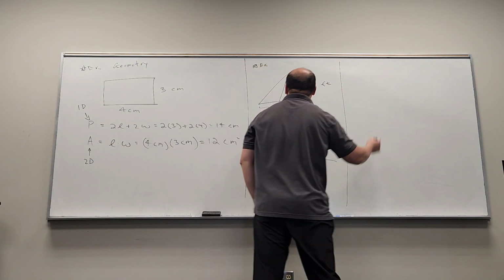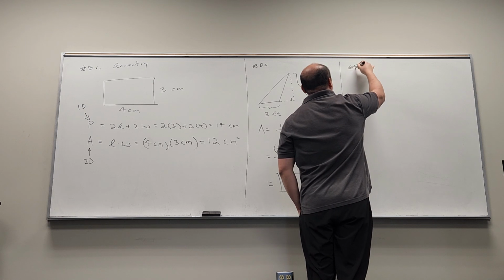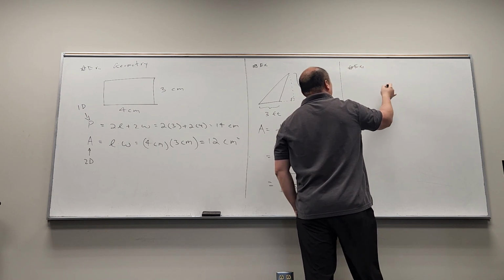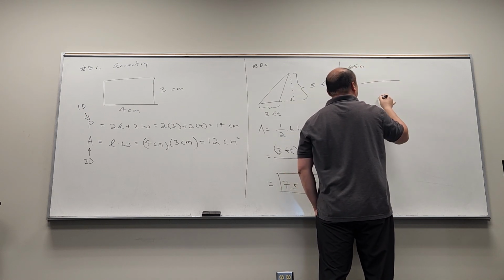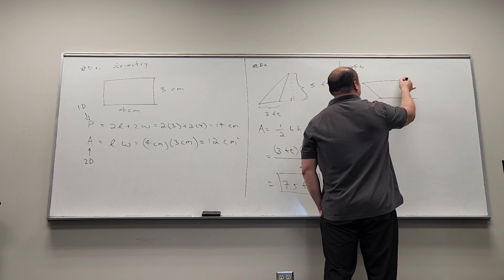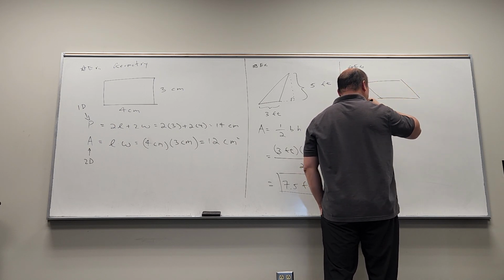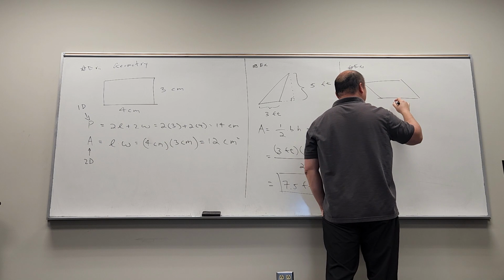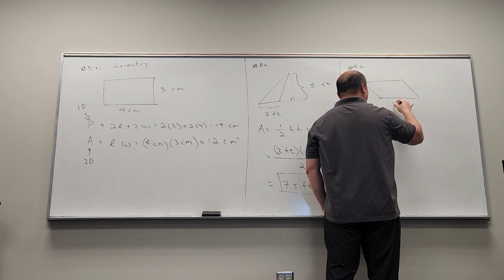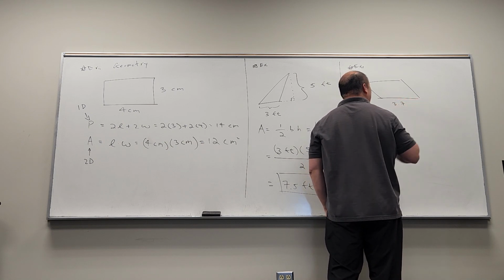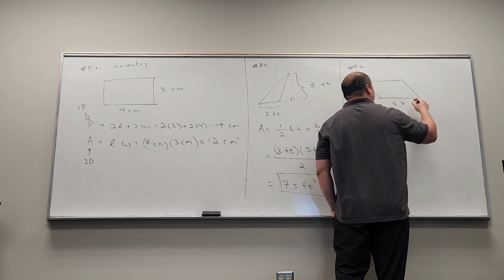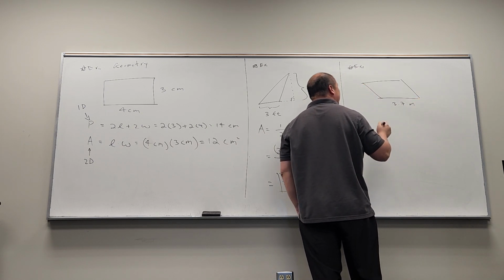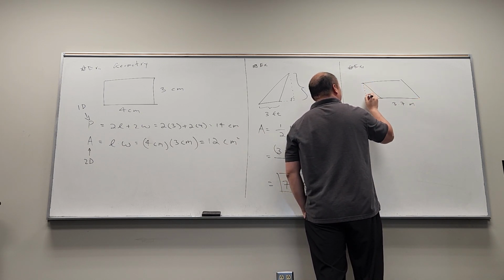Now here's another one that's kind of confusing. What about a parallelogram? So let's say this side is 3.7 meters. And I'll do the same thing here.